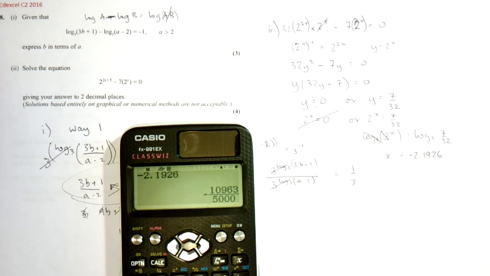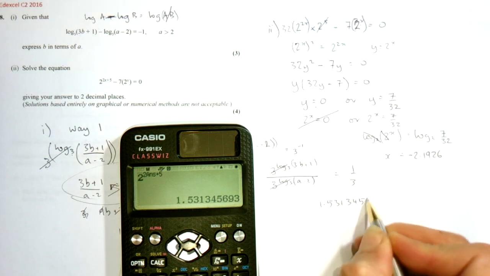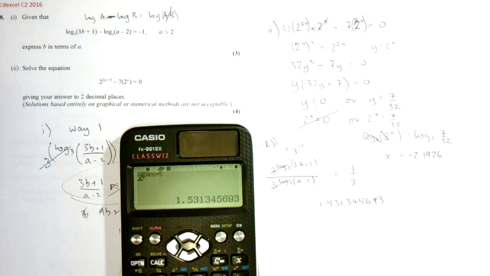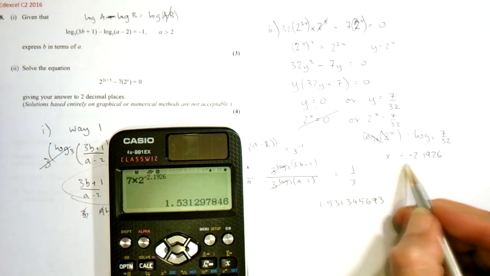There's my answer. So 2 to the power of 2 answers plus 5 equals 1.5313, and 7 times 2 to the power of minus 2.1926 should also be 1.5313, and it is pretty close, so I'm liking that answer.